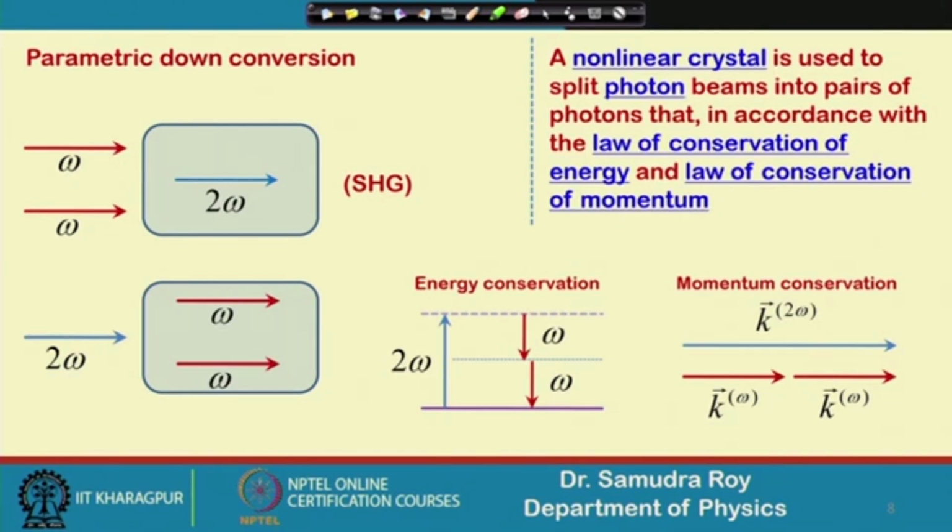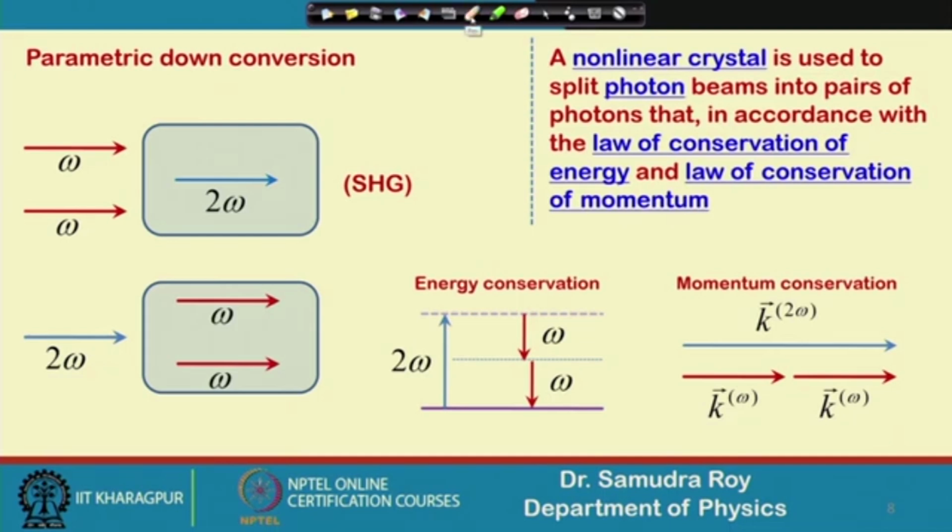Okay. So, now we will go to another topic, that is parametric down conversion. Here, a nonlinear crystal is used to split photon beams into pairs of photons, in accordance with the laws of conservation of energy and conservation of momentum. That means we are launching one photon and this photon can split and generate 2 other photons.